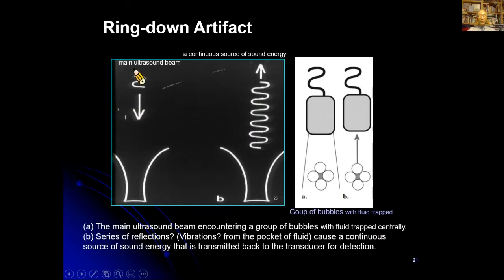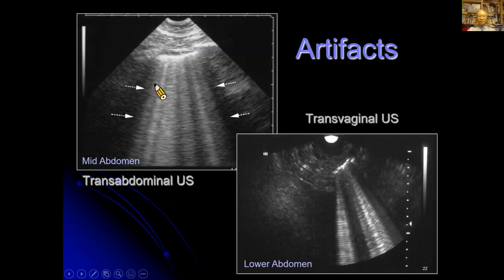So when the main ultrasound beam is transmitted to the fluid and reflected in between the gas bubbles, a continuous source of sound energy goes back to the transducer.